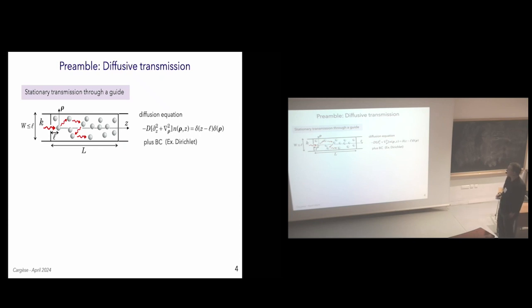If we model this with the diffusion equation, the difference compared to previously is that now we have boundaries. So we need to complement the diffusion equation with boundary conditions. These boundary conditions, in general, depend on the specific setup you are looking at.